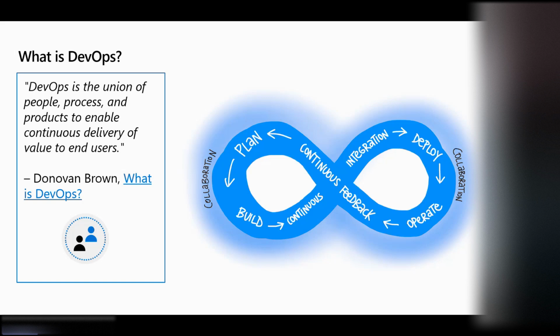But the idea behind DevOps is to break down all of those barriers and get everyone collaborating from the get-go. So really, DevOps is about collaboration. If you do not have collaboration, you do not operate in DevOps. Being able to collaborate is a foundational tool.